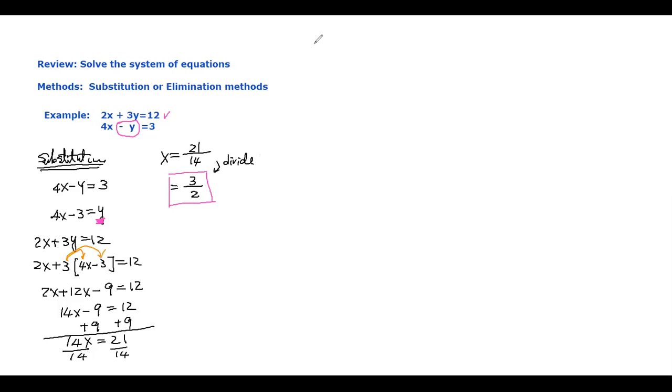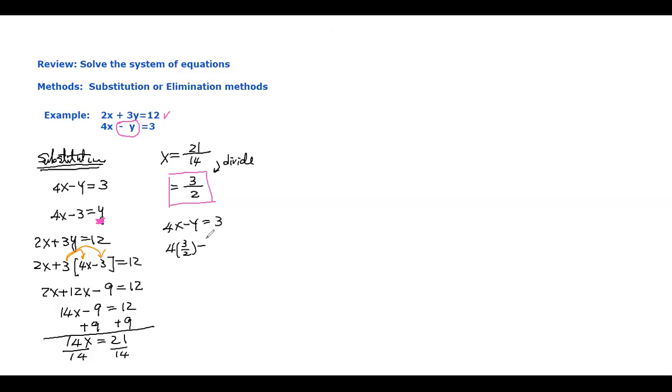Then you can substitute the x back into any equation you like. Maybe I use the second one, that's easier. So I will say 4x minus y equals 3. Now I substitute x equals 3/2.